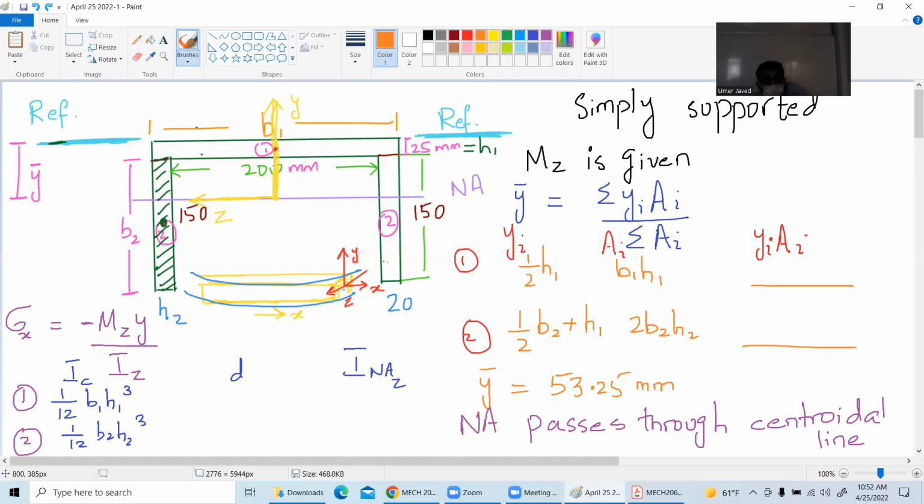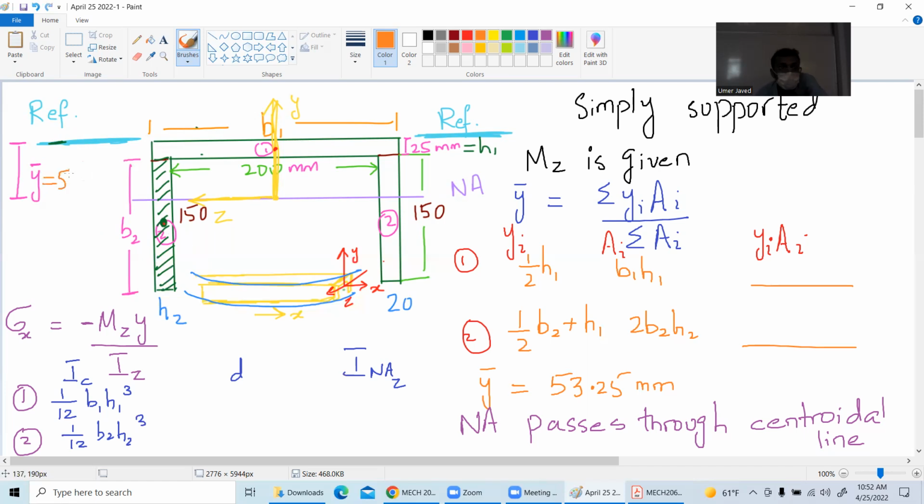Very nice. This is B2, and the B2 dimension is 150. So I have 75 millimeter here, and I have to go from here all the way up to the centroidal line. Now my centroidal line is, as you said, 53.25 millimeter.